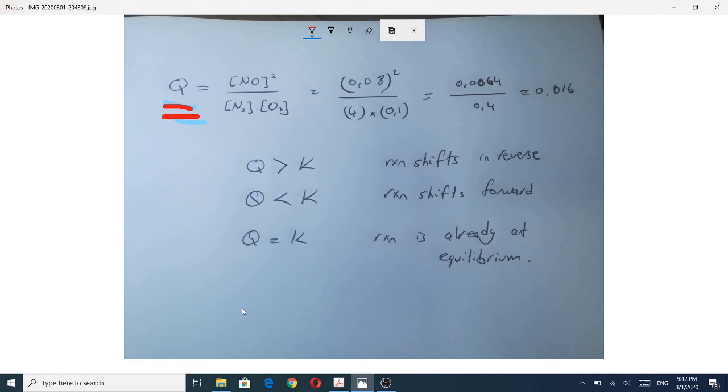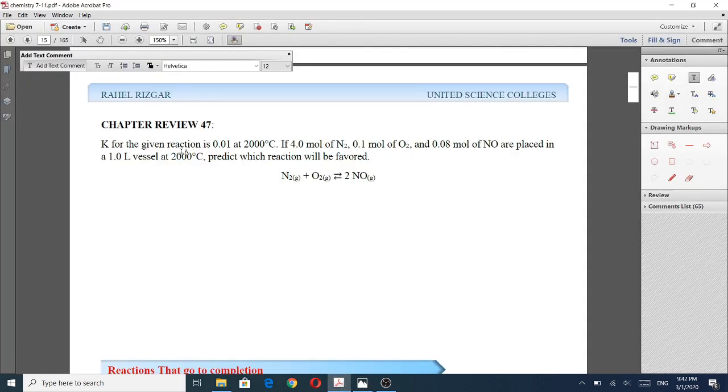So for this reaction, if you have the question in front of you, you can see that K is 0.01. Now, we have different amounts of moles other than at equilibrium of these substances.